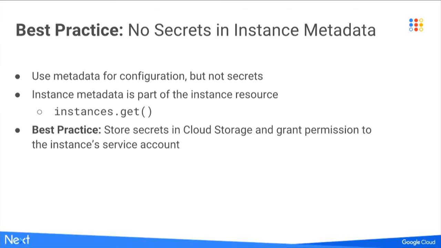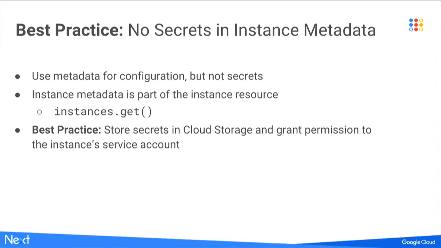For similar reasons that you don't want to store secrets or keys in code, so too in instance metadata. The purpose of the metadata service is to provide configuration information between the Google Cloud APIs and your instances. So things like startup scripts, shutdown scripts, public SSH keys. Instance metadata is treated as part of the instance resource, so anyone who can get an instance will be able to see all of the metadata on that instance.